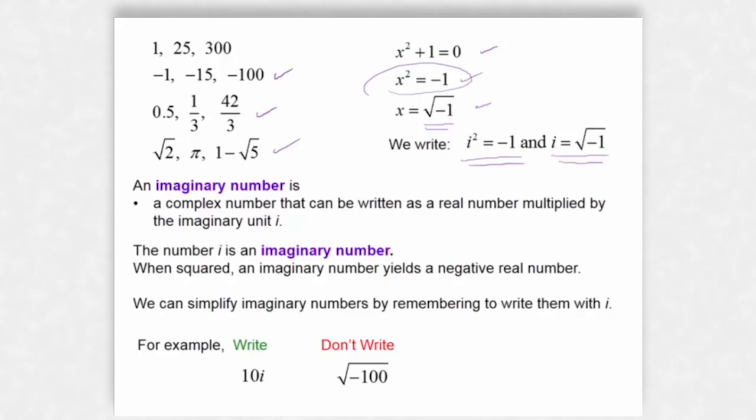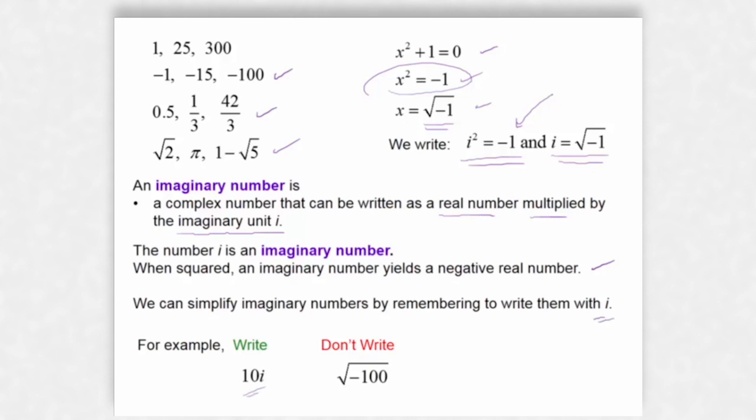So an imaginary number is a complex number that can be written as a real number multiplied by the imaginary unit i. When squared, the imaginary number will yield a negative real number. If I square i, I get negative 1. So we can simplify imaginary numbers by remembering to write them with an i.